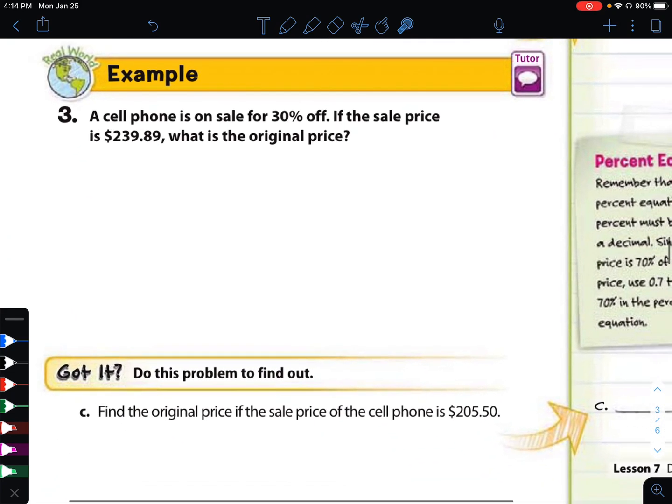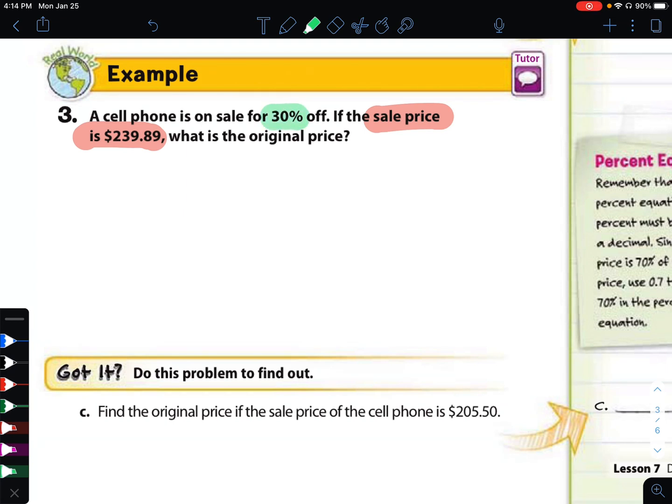Example number three, a cell phone is on sale for 30% off. If the sale price is $239, what is the original price? So again, we know the sale price. It is given to us. We know what the discount is, which is 30%.